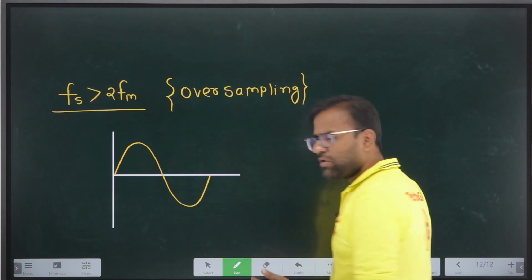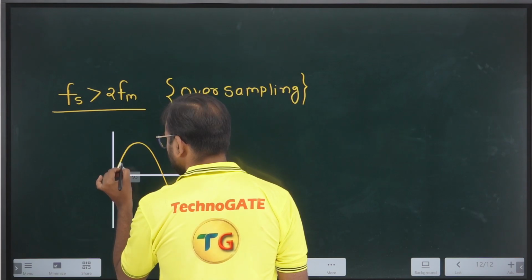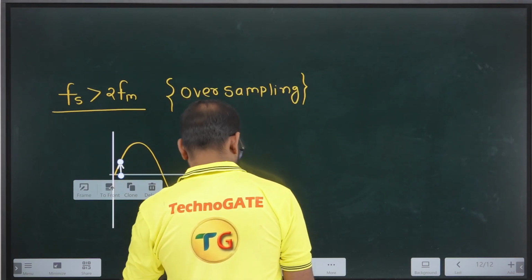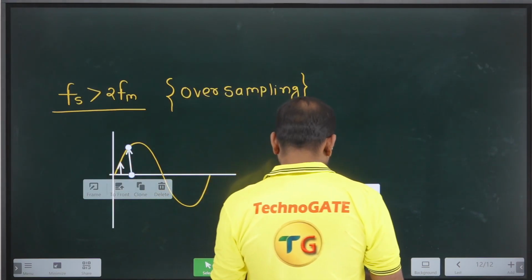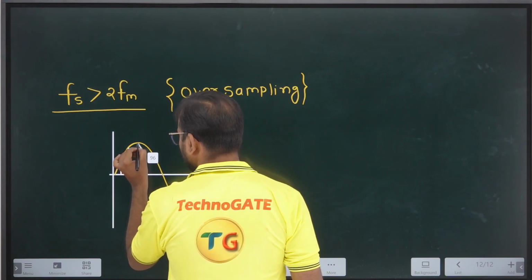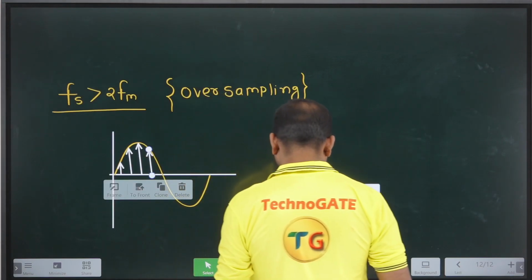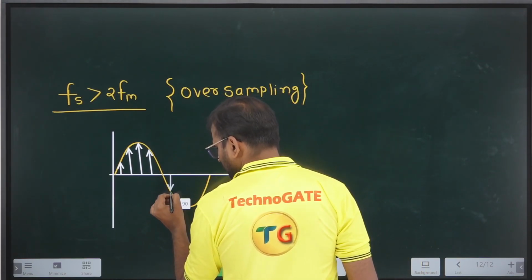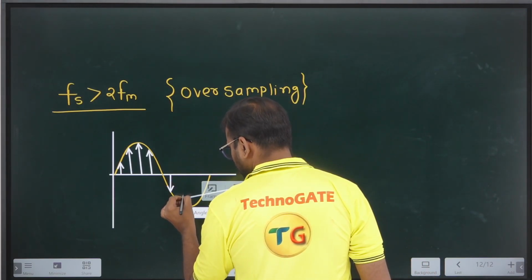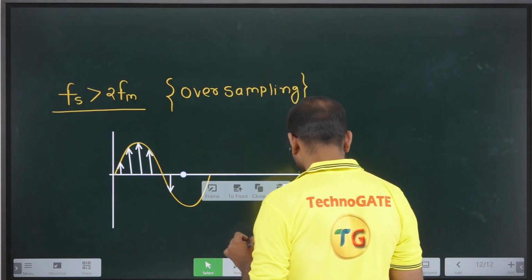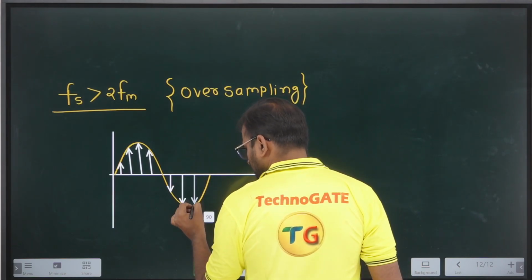Let's say you are taking more than 2 samples, like 1, 2, 3, 4, 5, 6.